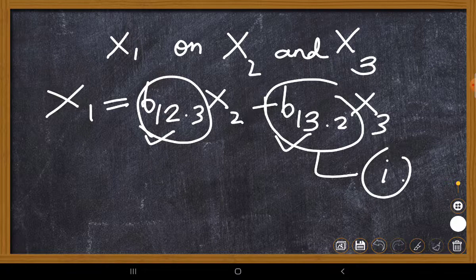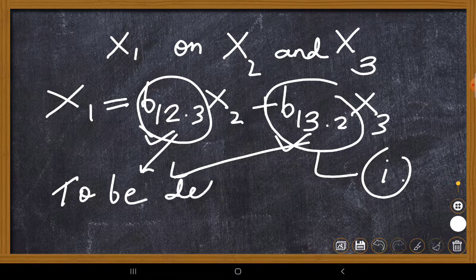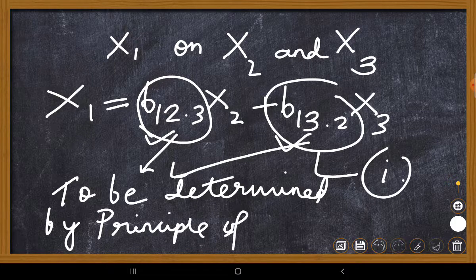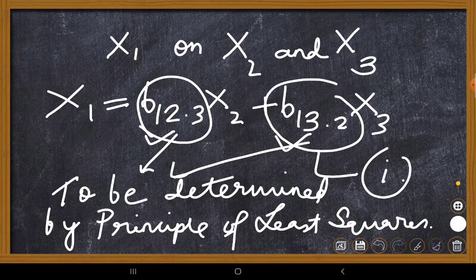These two partial regression coefficients are to be determined by the same principle which we use for simple linear regression, the principle of least squares. The same thing which we have used in simple linear regression, we are also going to use here for this plane of regression.